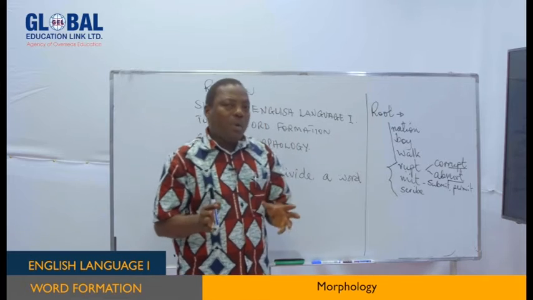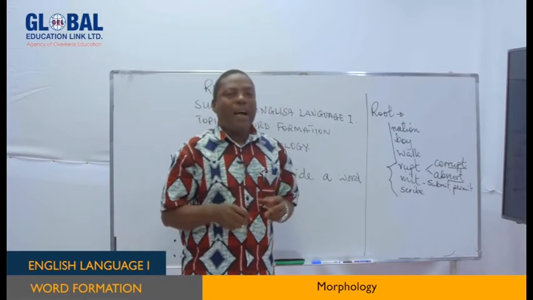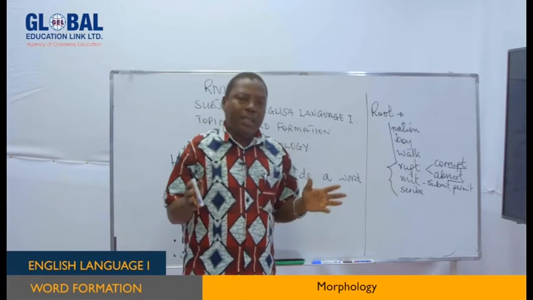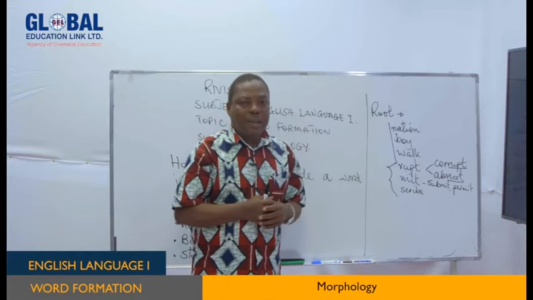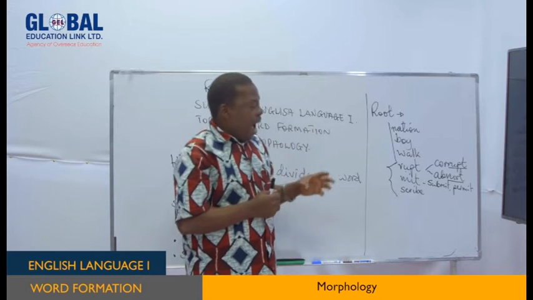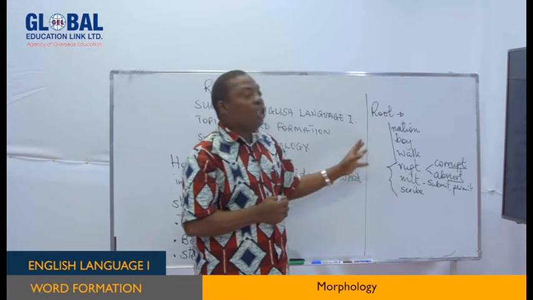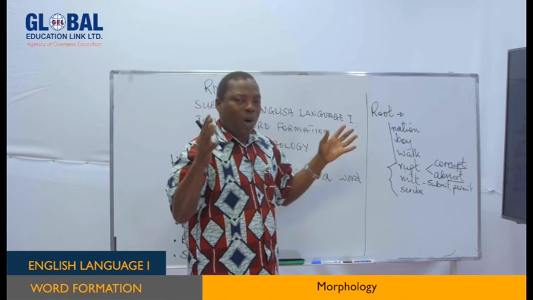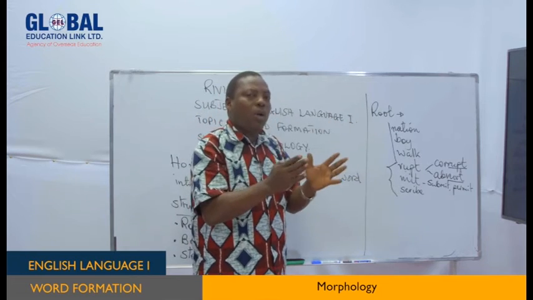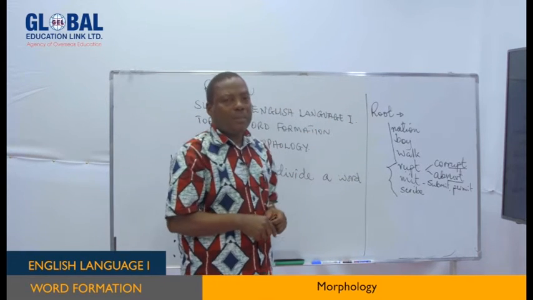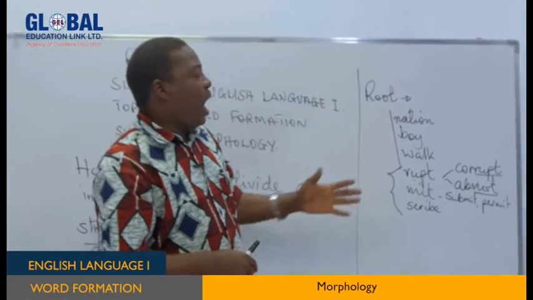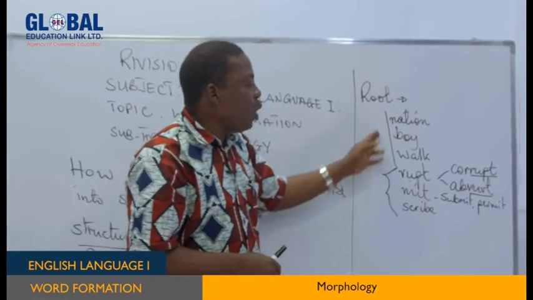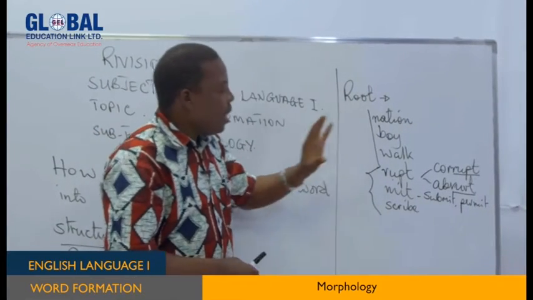So when you are to identify a root from a word, you have to ask yourself, has this element been shared by other words, or is it something in common only for a particular word? When you have this situation, then you know that it is something that is not shared.